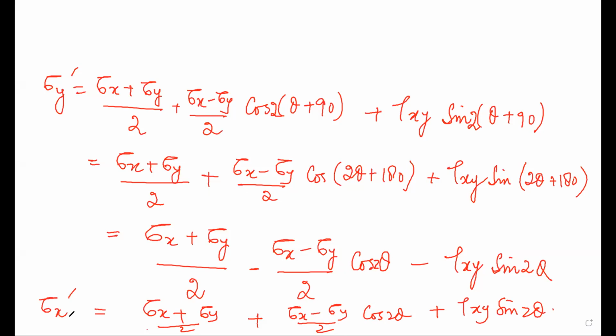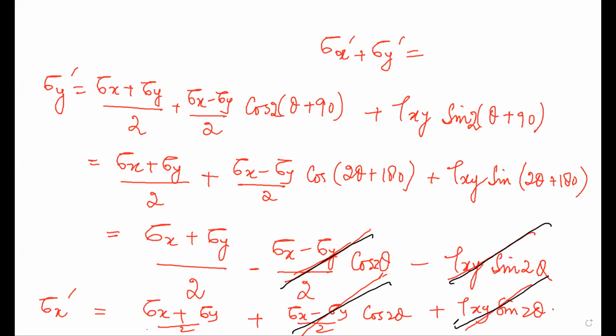If you add them, what will you get? This and this will cancel, and this term will cancel with this term. You will be left with sigma x plus sigma y divided by 2 plus sigma x plus sigma y divided by 2, that is 2 times sigma x plus sigma y divided by 2, that is equal to sigma x plus sigma y.